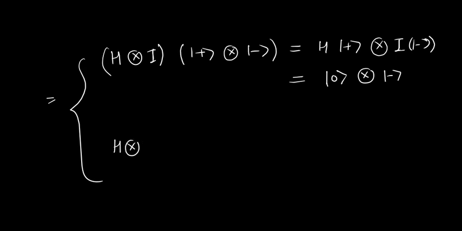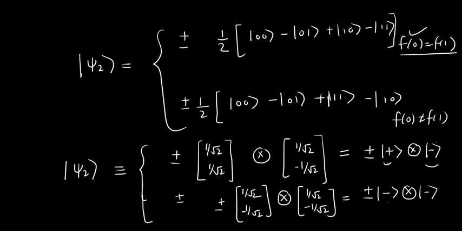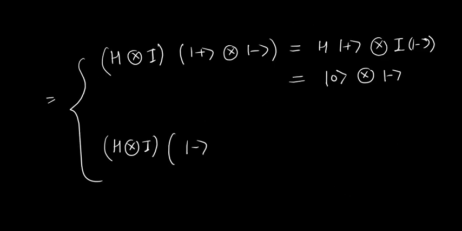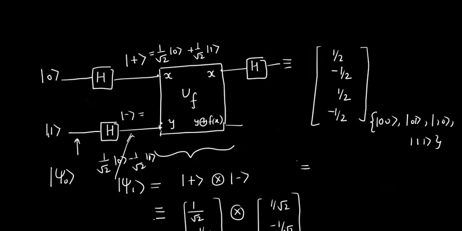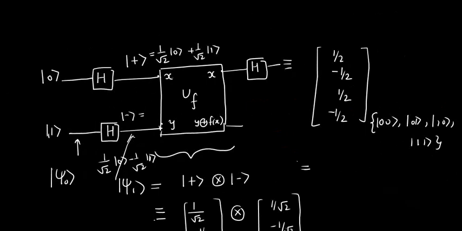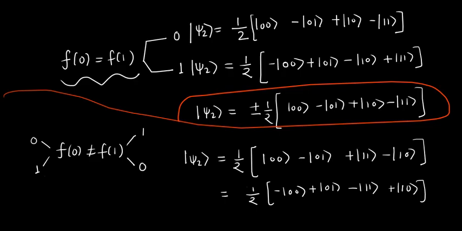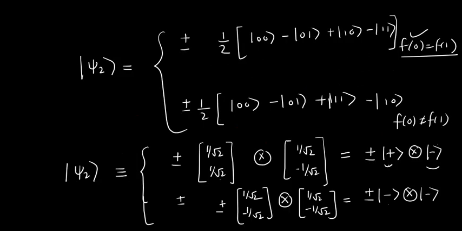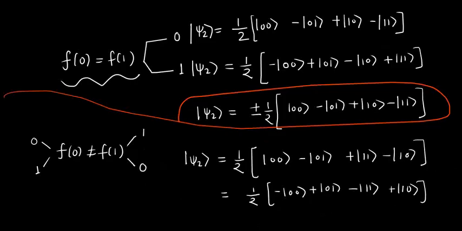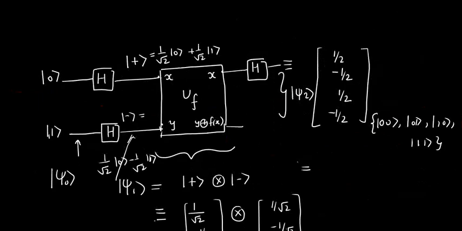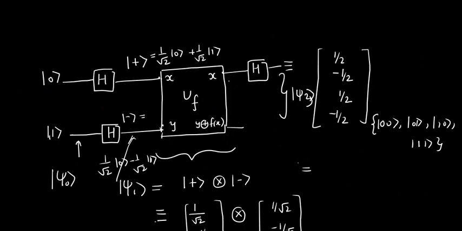Similarly, let us see what would happen for the second scenario at the output. So now we are observing phi 3. No, sorry, we call it phi 3, because this is phi 2. So we are observing phi 3.